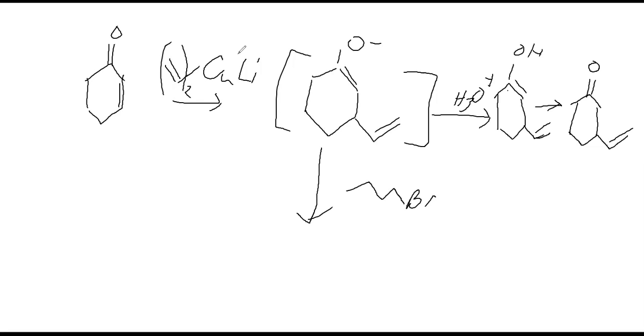Rearrange, put the negative charge on that alpha hydrogen, and so we can still reform the ketone, but now 1, 2, 3, 4. So we can now attack and form that.